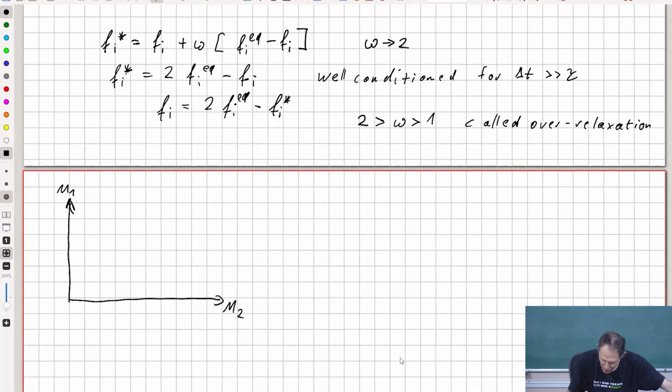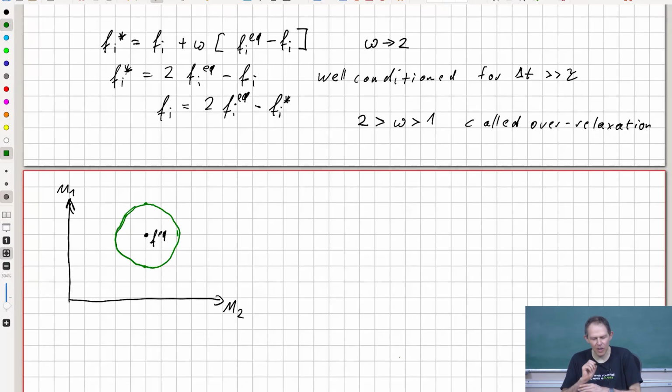In this space there are a few points, namely F equilibrium, the equilibrium point. And now you could do something which I'm never good at, which is drawing a circle around this.